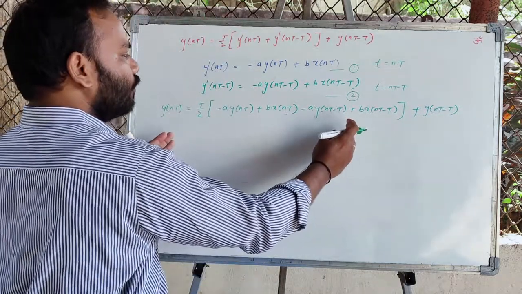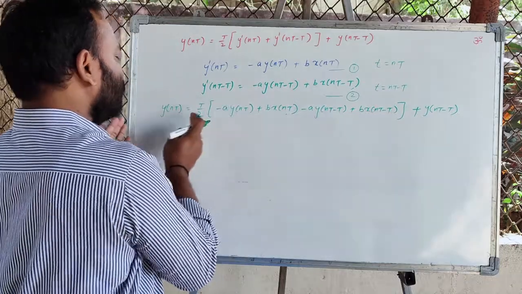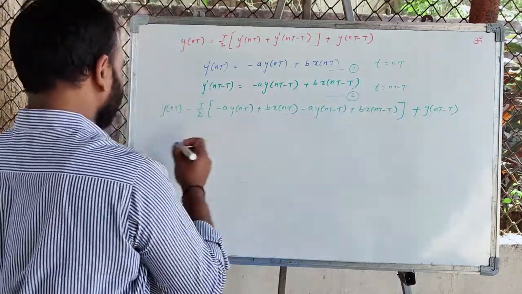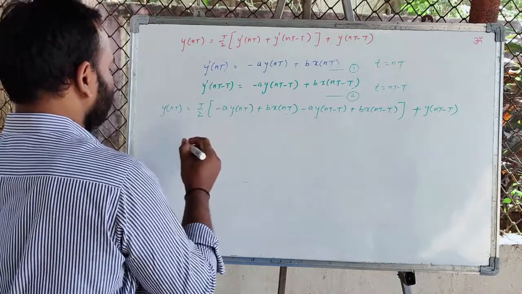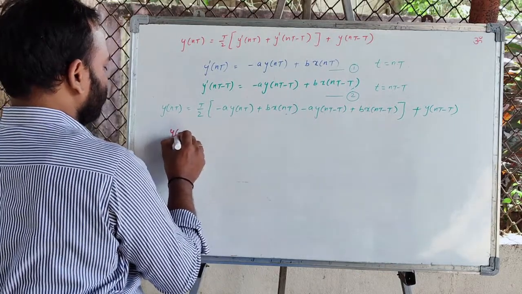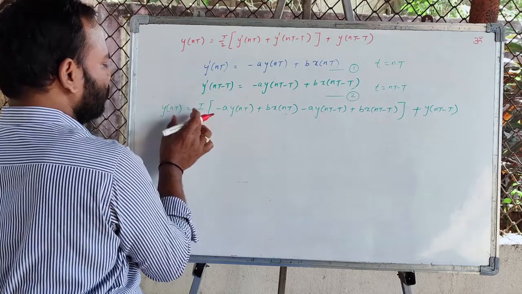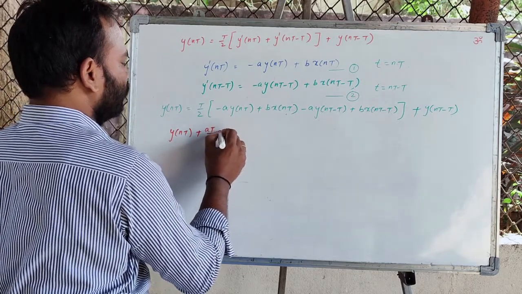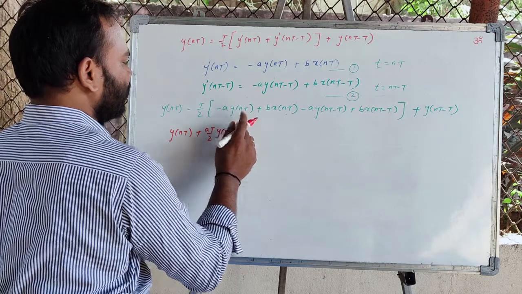Now we will group the y terms to the left hand side and x terms to the right hand side. Thereby, y of nT, bring this term to the left side, it is plus aT by 2 y of nT.